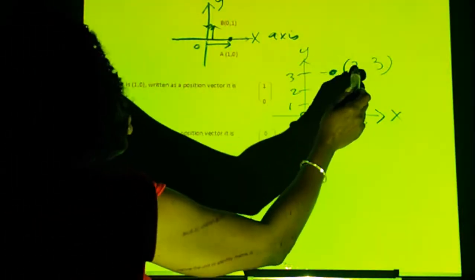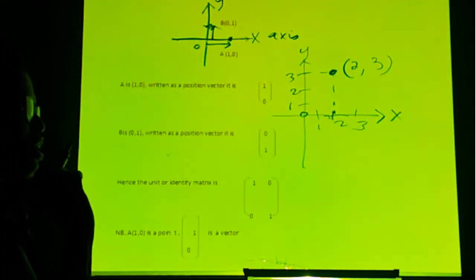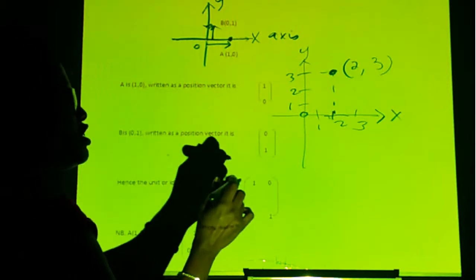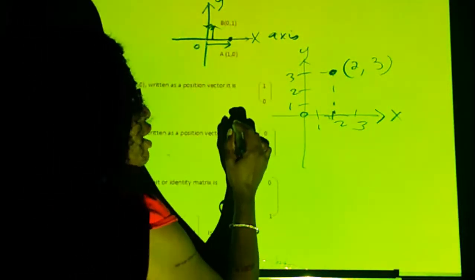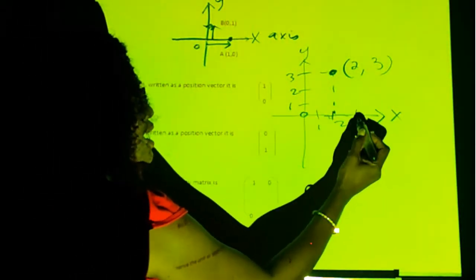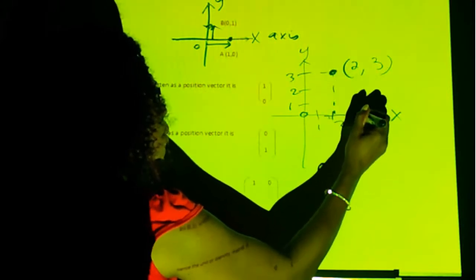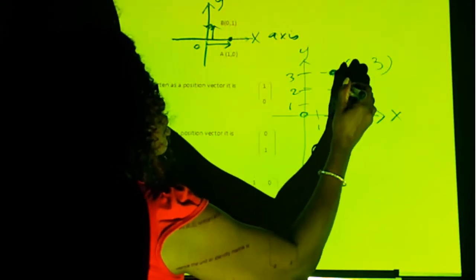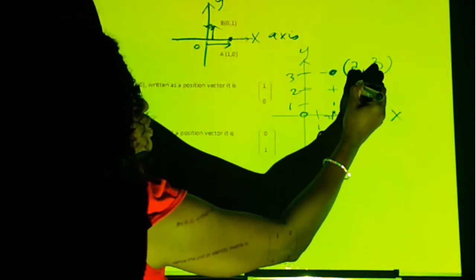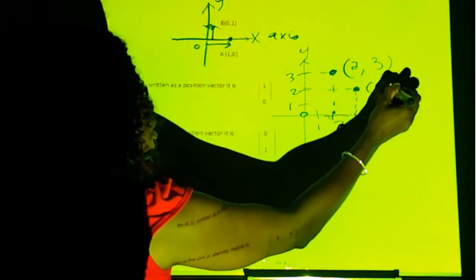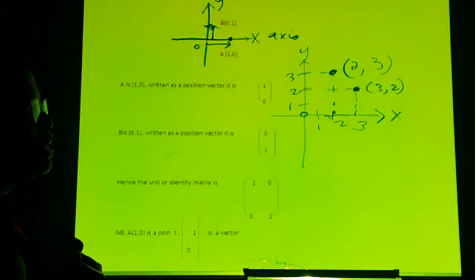Remember that (2, 3) is not the same as (3, 2). For (3, 2), we first find 3 on the x-axis and go straight up to 2. So this point here is (3, 2). So they're not located at the same place.